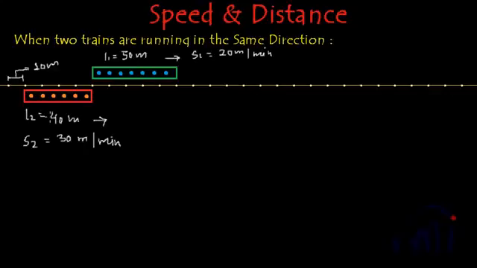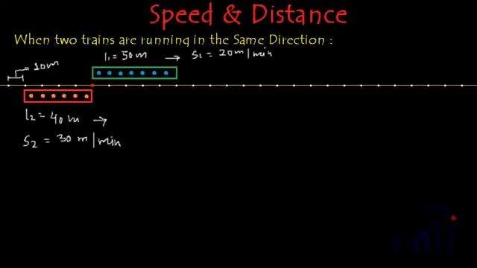The red train is overtaking the green train, so the speed of the green train has naturally to be lesser than the speed of the red train. As you can see, I have drawn these trains in a particular position where the red train is just about to cross the green train, right? So this is the starting point. Let me mark it in red.